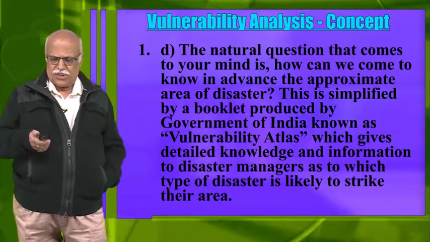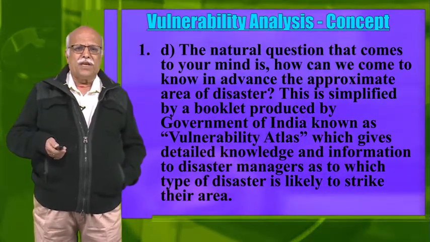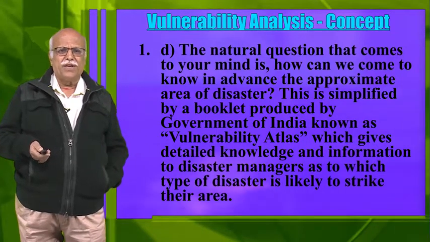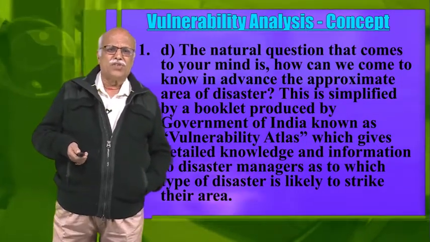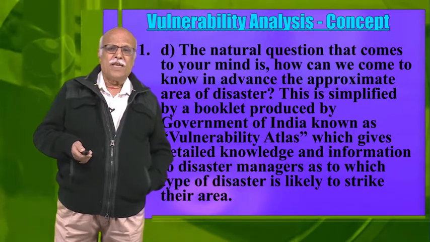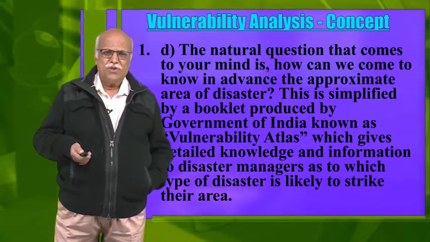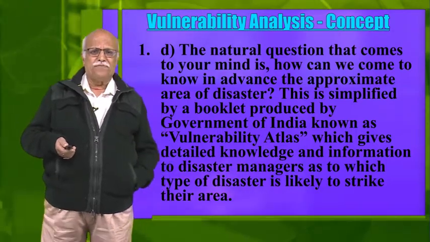What we mean by this is, the Vulnerability Atlas produced by the Government of India tells you about your area, how exactly the situation is, and what types of disasters are likely to strike your area. Once you know this, your next plan becomes much easier.